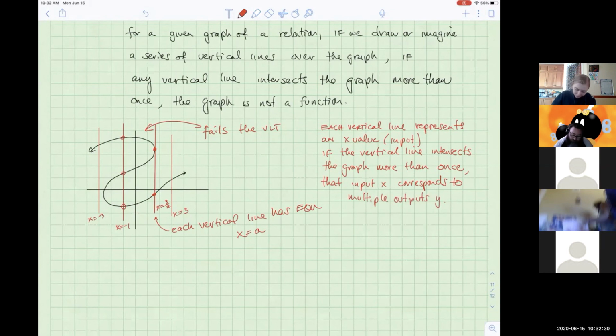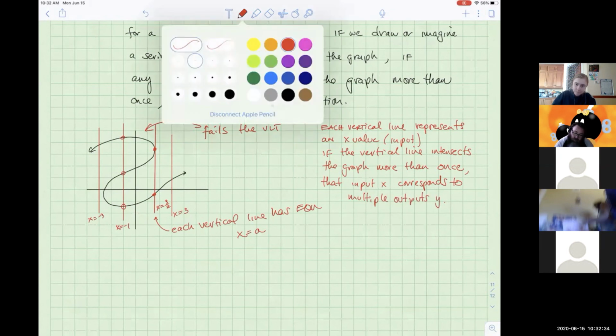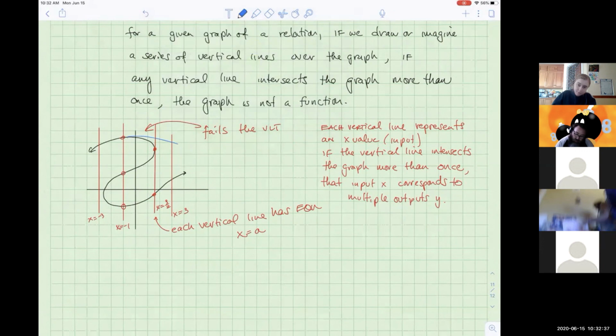So, for example, let's see if I can annotate this well here.